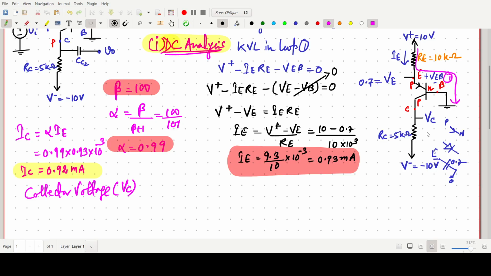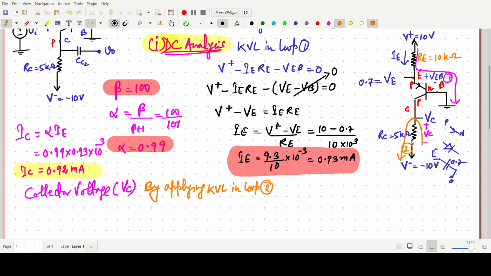So what we can do, here, I'm saying this one is some potential VC. So if we apply KVL in loop 2 like this, we can write, by applying Kirchhoff's voltage law in loop 2.